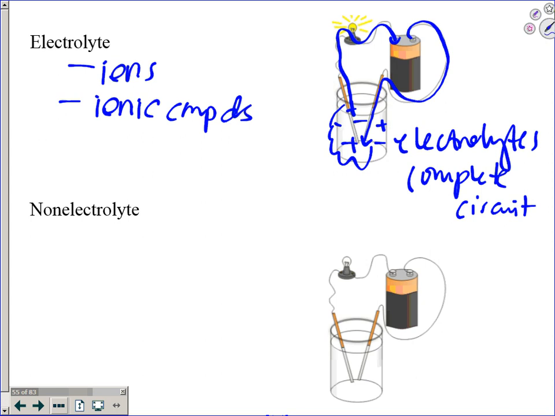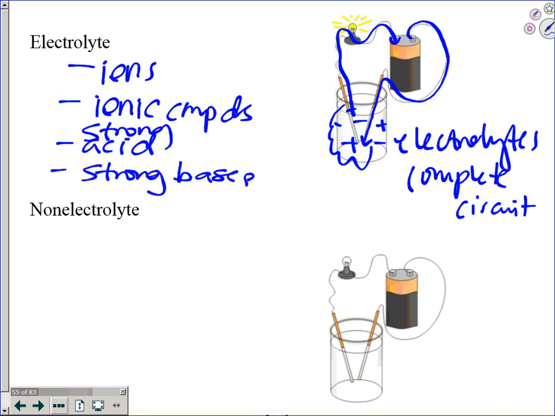Acids, very good. Okay, so some strong acids and strong bases like HCl and sodium hydroxide are good examples that are considered electrolytes. So what would you then classify as a non-electrolyte? Anything covalent, very good.